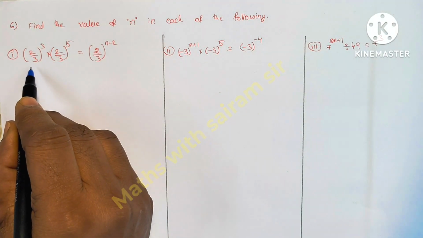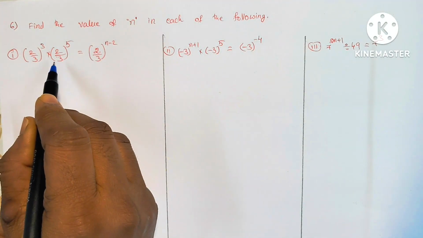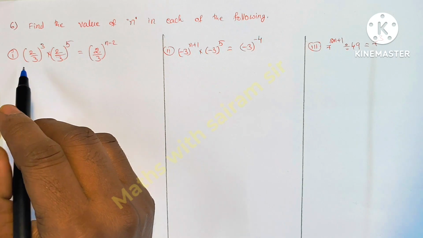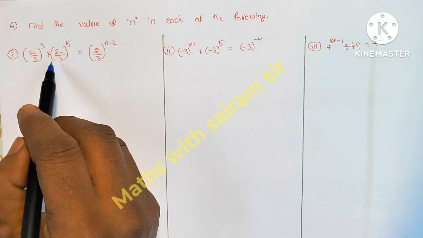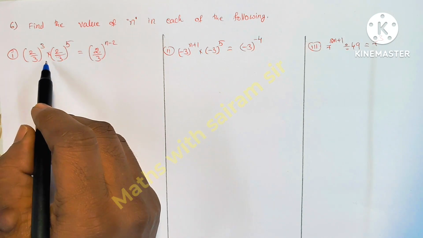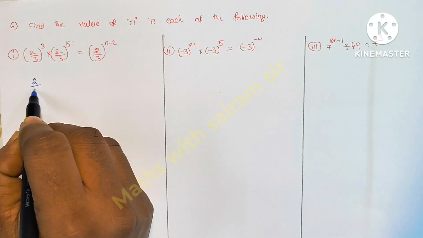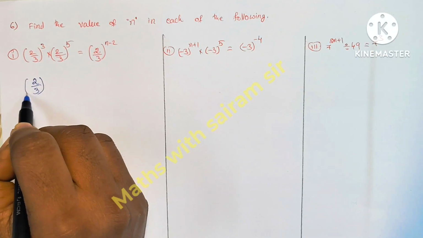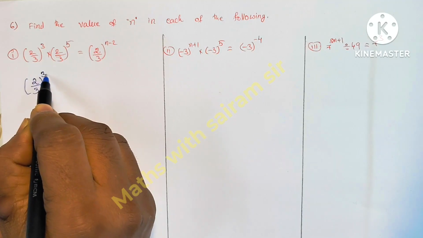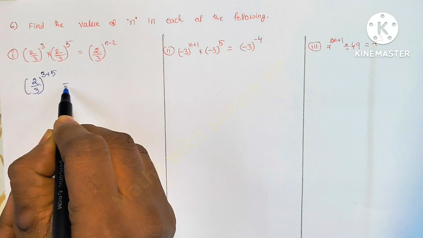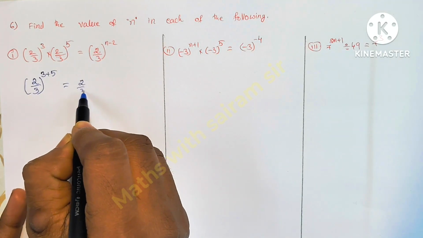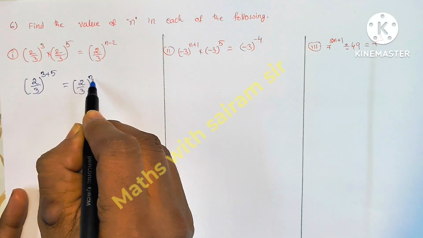For this, if you observe the LHS, in the LHS we have the base as 2/3. As the bases are equal and the connection between them is multiplication, we can add the powers. So the LHS can be simplified as (2/3)^(3+5) = (2/3)^(n-2).